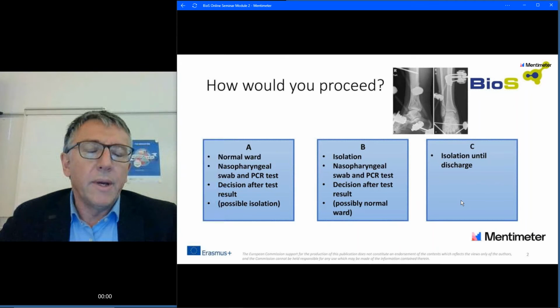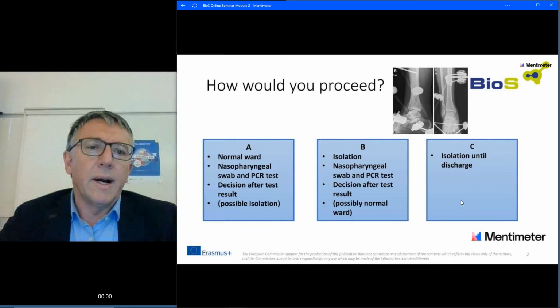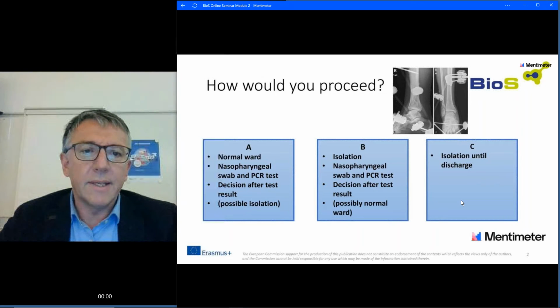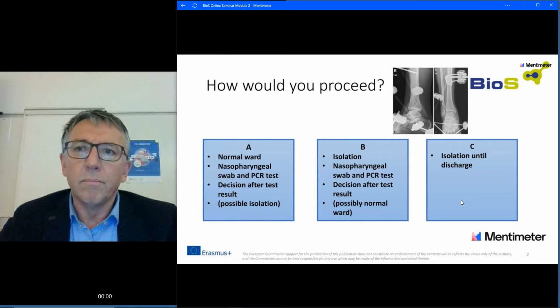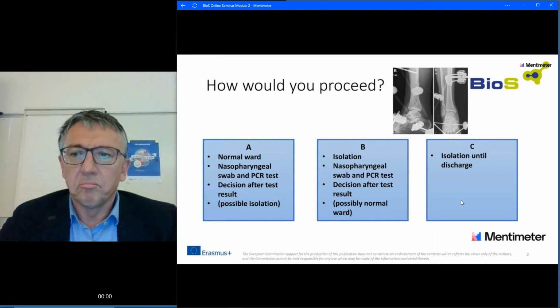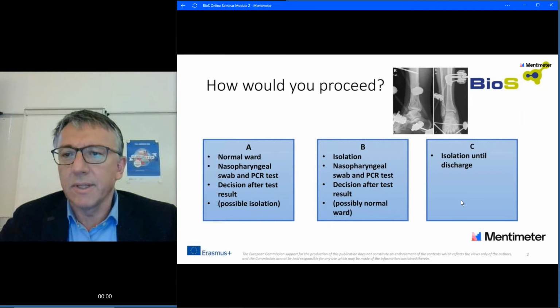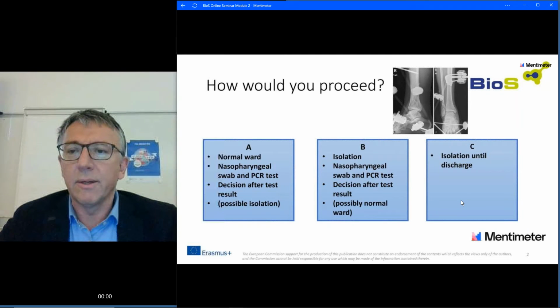Or the other way around, we are a bit concerned, so we isolate her first, do the test, and then decide after the test whether to bring her to the normal ward. So we are more concerned about her having the disease, or we don't care about any PCR tests and we say, okay, there's a risk that she has the disease and we will isolate her.